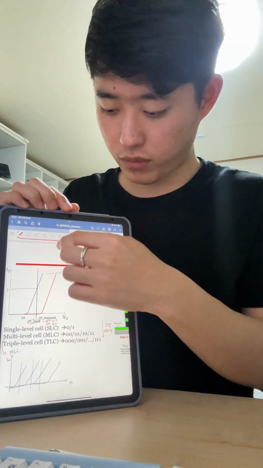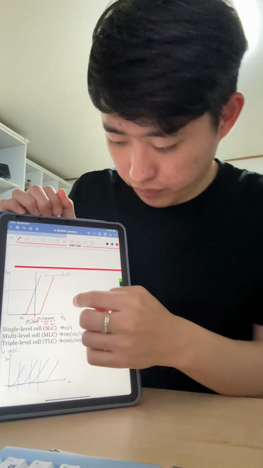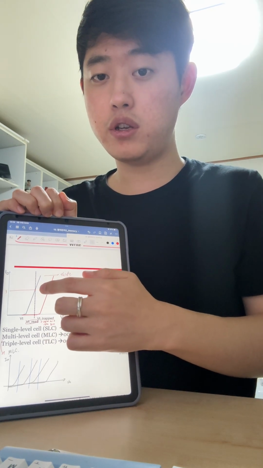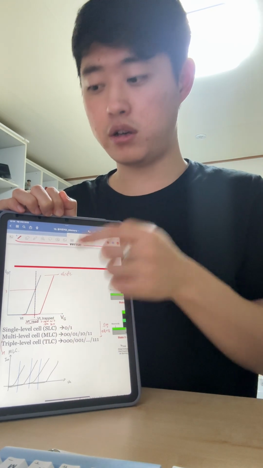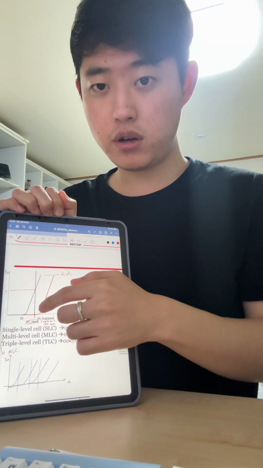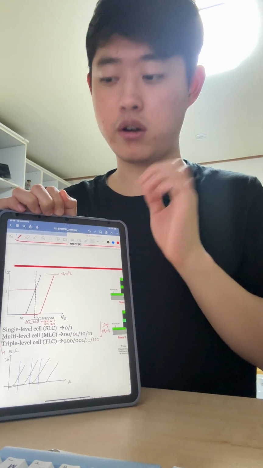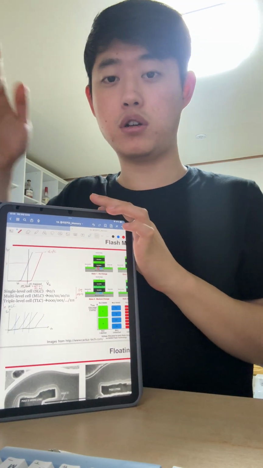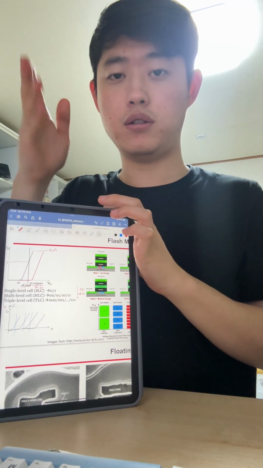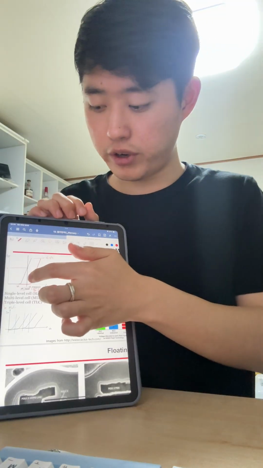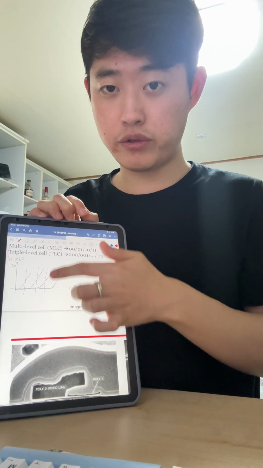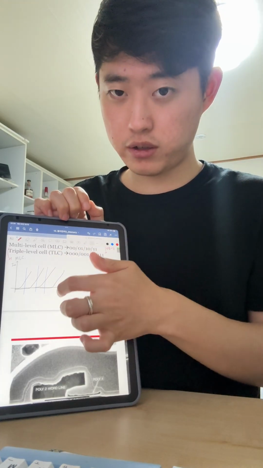When the read voltage is here, the data is not there, and when the voltage is here, the data is in there. So we can have multiple levels: VT 1, 2, 3, 4, and we read level 3.